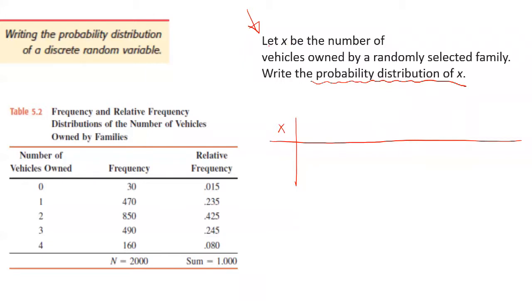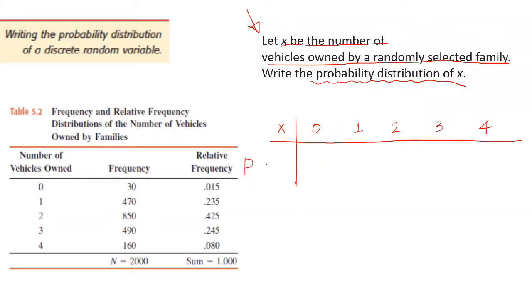X is the number of vehicles owned by a randomly selected family. That means if I randomly select a family, X denotes the number of vehicles owned by the family, right? So the value of X could be 0, meaning the family owns 0 vehicles, or 1, or 2, or 3, or 4. The family could own 0, 1, 2, 3, or 4 vehicles.